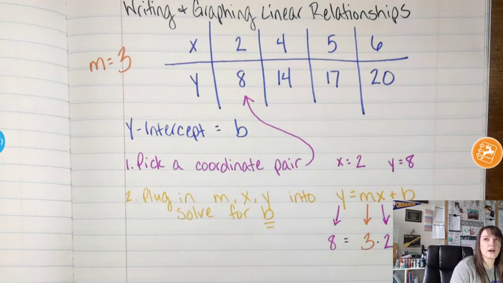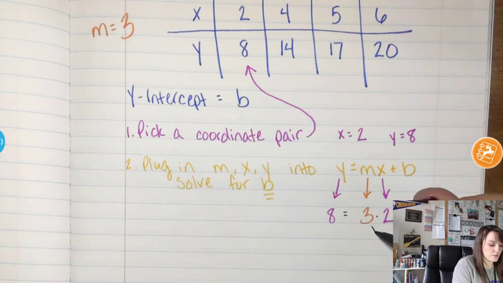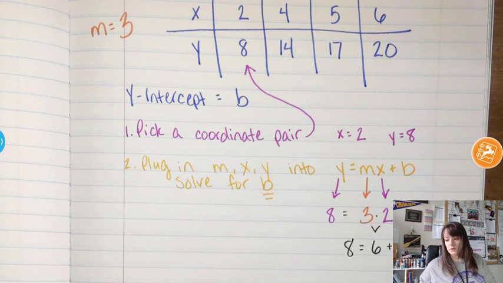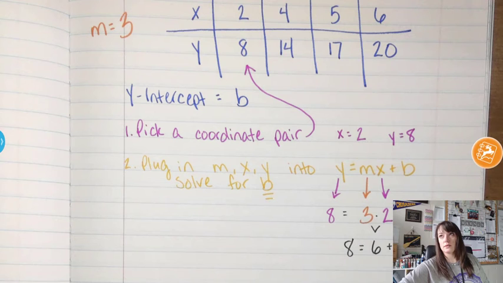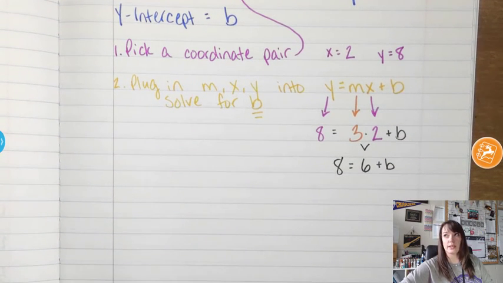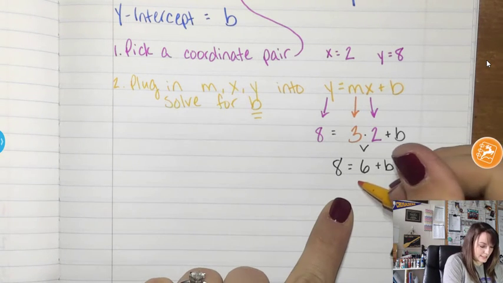My goal is to figure out what b is. So I do 3 times 2, which is 6, plus b equals 8. And I know you already know what b is. What is b? How are you getting that using 6 and 8? Subtracting. So I'm going to minus the 6.